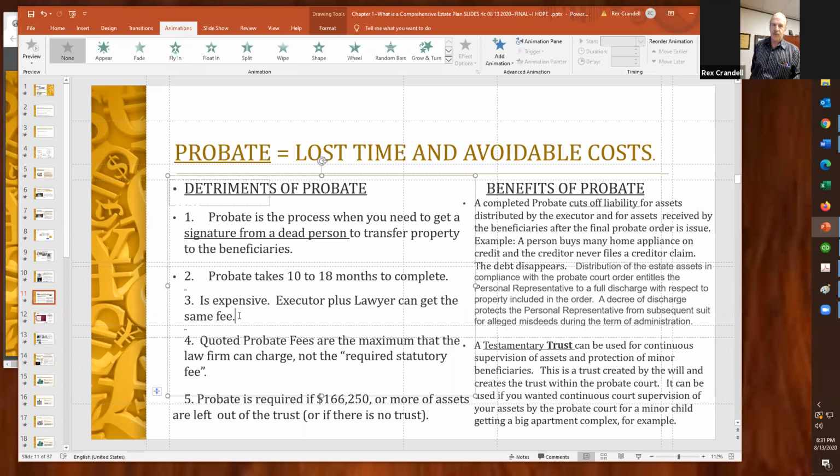Sometimes the court clerks and probate examiners are not that friendly to self-represented people. Unfortunately, it's quite complicated. California is one of the most complicated states.